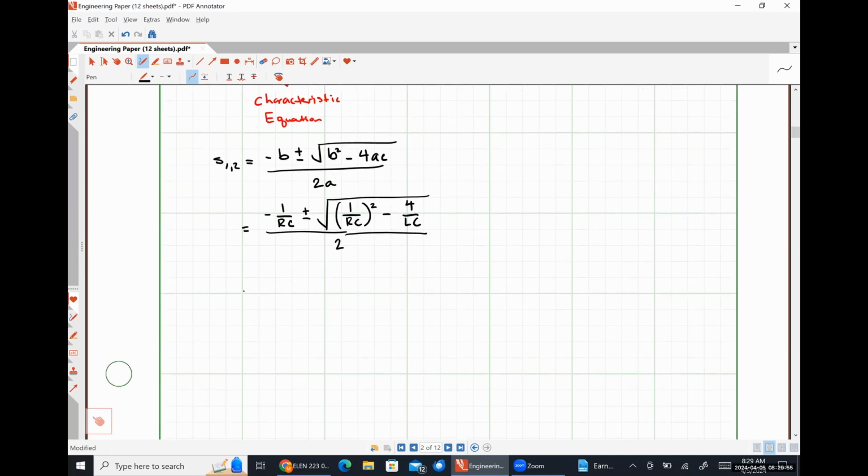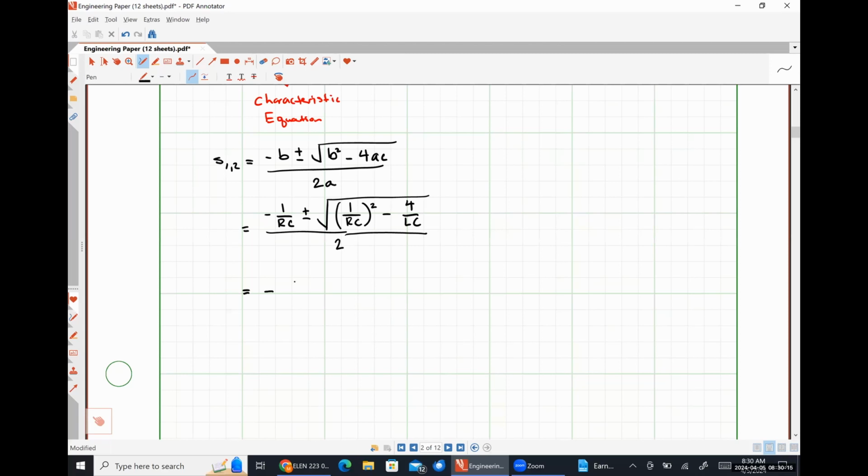Now what I'm going to do is move that 2 from the denominator up into the numerator, just so that I don't have fractions on top of fractions and all of that kind of stuff, because I don't really like it, okay?